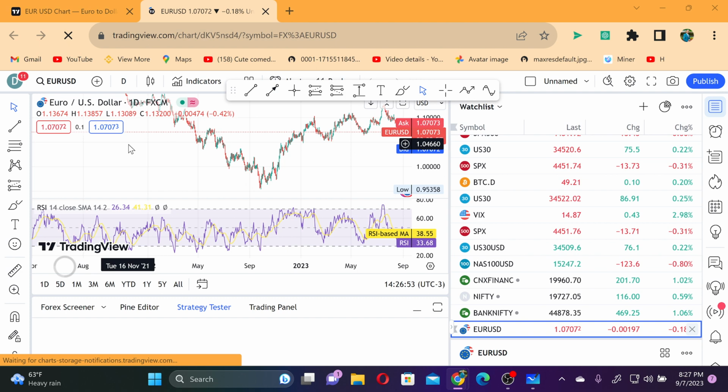You can also use this as support. Sometimes if you put good values over here, you can see anytime it touches this, the market starts going down, or the trend changes from there. So that's how you can use this moving average. It does not have a lot of things, but you can try to set it to 50.